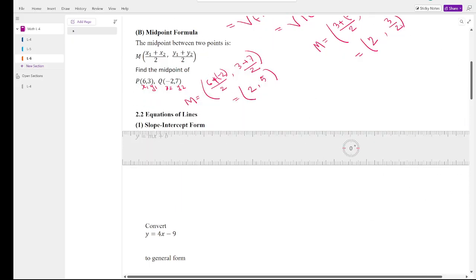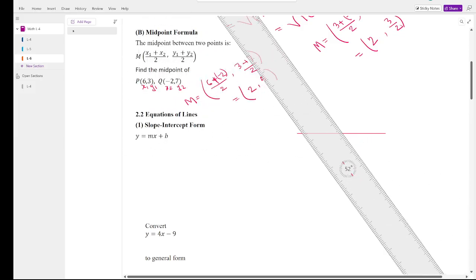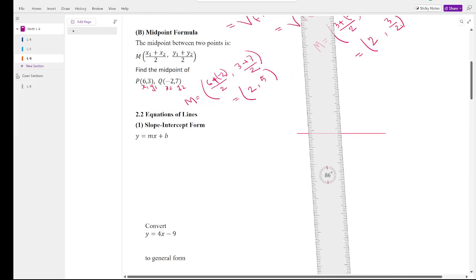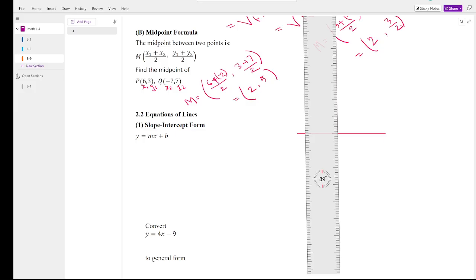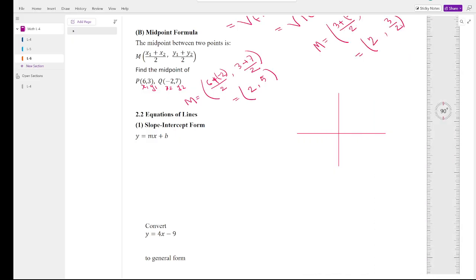How can we define it in a graph? This one is the x-axis, this one is the y-axis.